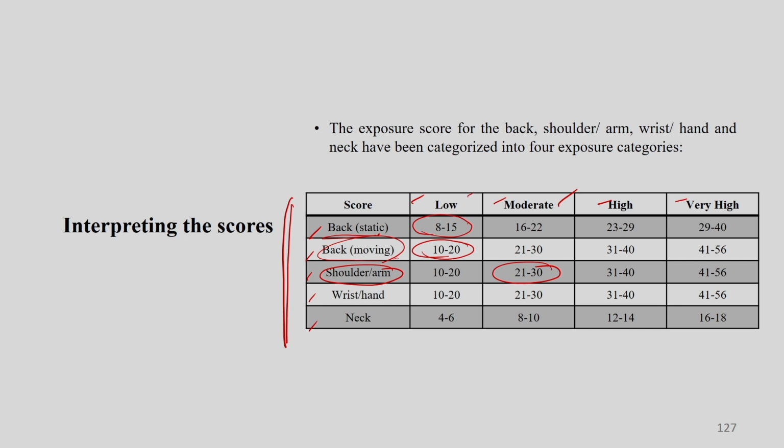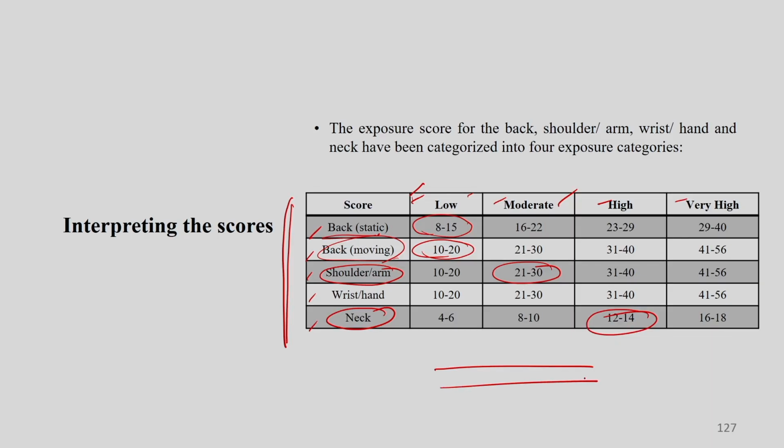Maybe for a particular case, your back, back movement, shoulder, wrist are all in low, and only for the neck, this is coming somewhere here. So your intervention should look at how your neck position can be improved. Okay, so this is how you are going to use this particular score for interpretation.